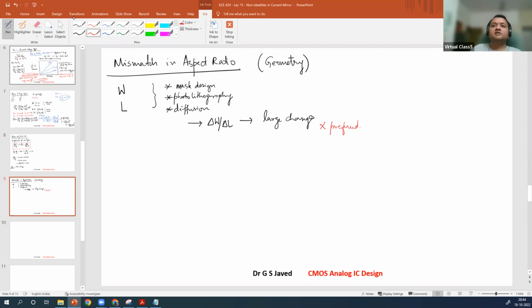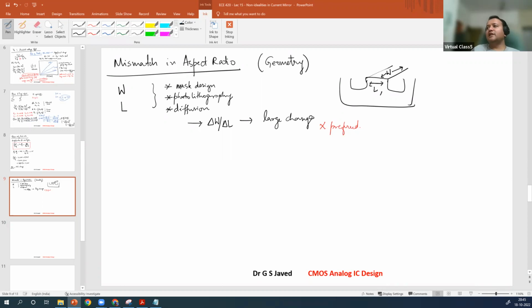How to overcome this? So the way to look at it is, right? So if you have your pin tubs here, so this is going to be your W and this is going to be your L.